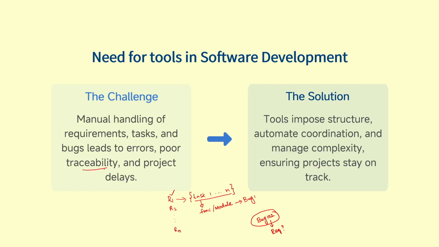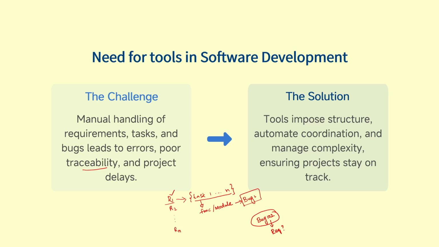So, what do we mean by traceability? We know that a requirement will be divided into a set of tasks, a task will be associated with a module, the module will be implemented, and that will be associated with a test case, and that test case would report a bug.